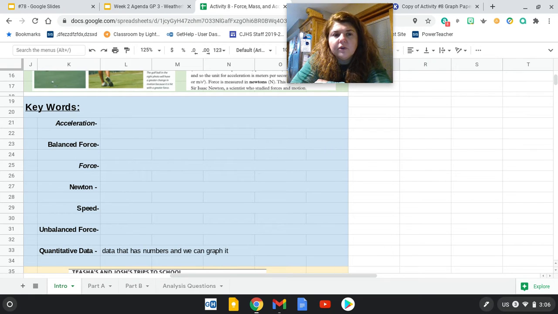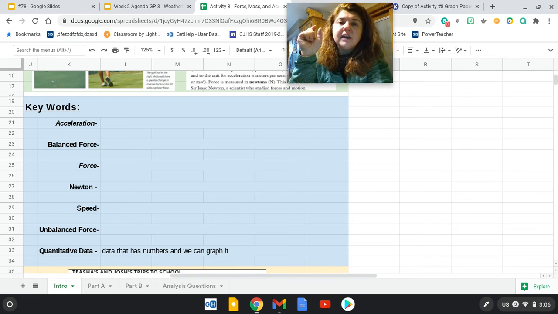What I'm looking for when I ask about keywords is a working definition. That means if we're still working on it, it's still in progress, it's not finished, and that's okay. So these working definitions, I want them to be short and simplified, but I want them to show me how you understand what that word means.